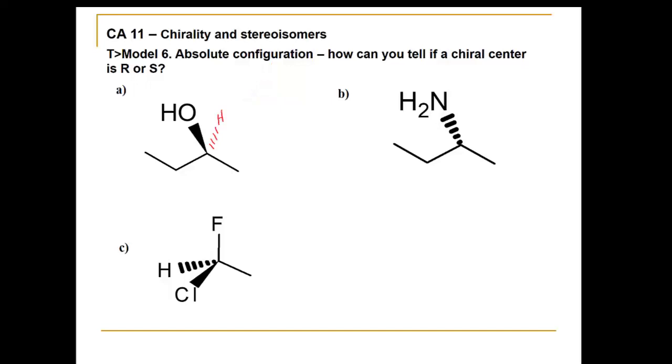At least at first, you may want to fill in whether or not there's a hydrogen present, and then we'll prioritize. Usually a heteroatom, that is an oxygen, nitrogen, sulfur, any of the halogens, will have a higher priority than carbon or hydrogen. So we'll designate the oxygen as 1, and of course the hydrogen 4. And then on either side of the chiral center, we have carbons.